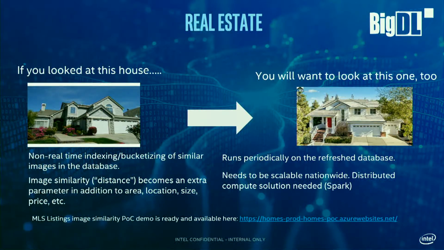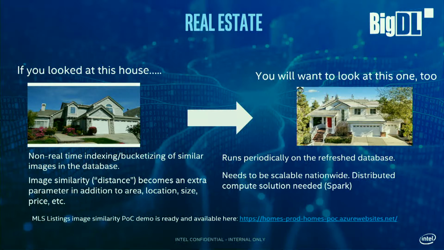So the next example is from real estate. Basically, if you have searched for a house in the Bay Area, the agents will upload all the metadata of a house, like the attributes like size, the price range, and how many bedrooms, and other attributes.